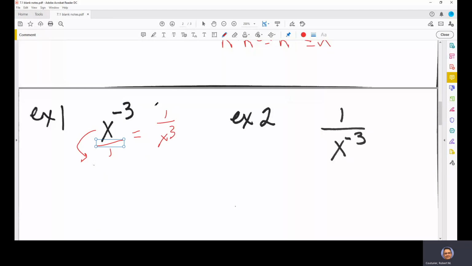And the exponent will become positive. You are finished. This one again, because it's negative, well, it has to leave and go upstairs. All right, so it becomes x to the third power over 1. We should notice and say, hey, you know, Mr. C, we don't leave it like this. We know anything divided by 1 is itself.